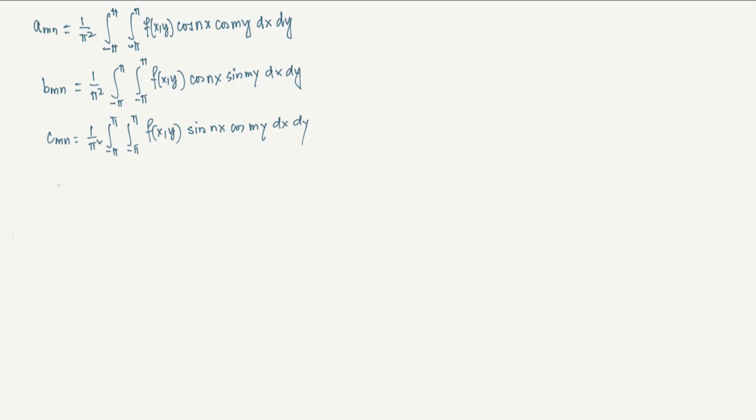And d_mn is 1 by pi squared, integral from minus pi to pi, minus pi to pi, f of x, y. Sine nx is already there, and I just have to change this thing as sine my dx dy.